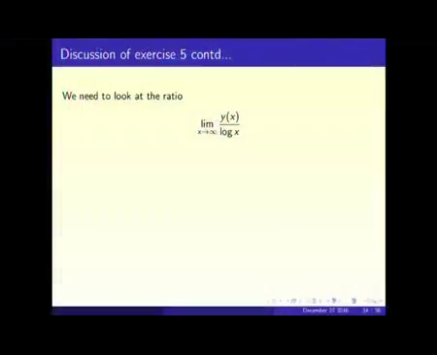Log x also goes to infinity as x goes to infinity. Now we must look at the ratio y of x upon log x and see what happens to the ratio as x goes to infinity. Well, let's look at that. We have to look at this ratio: limit as x tends to infinity, y of x upon log x.